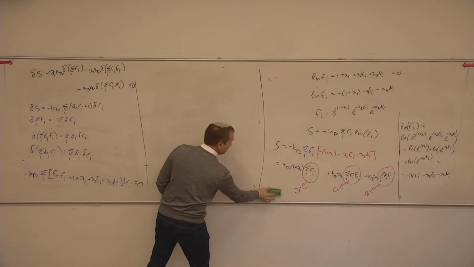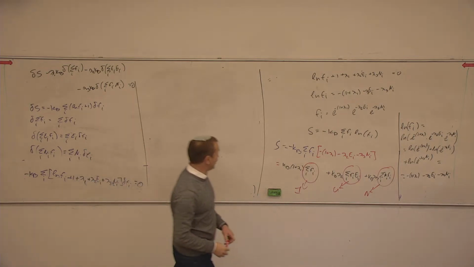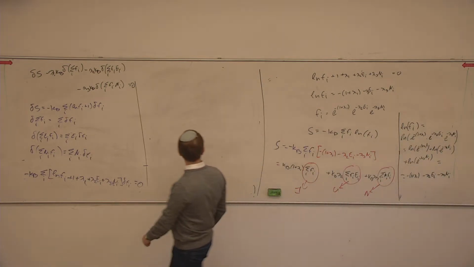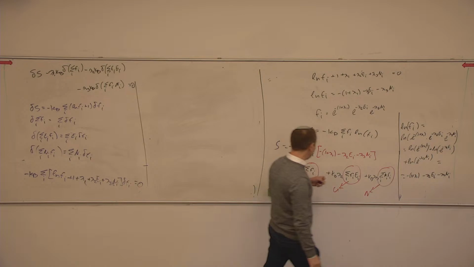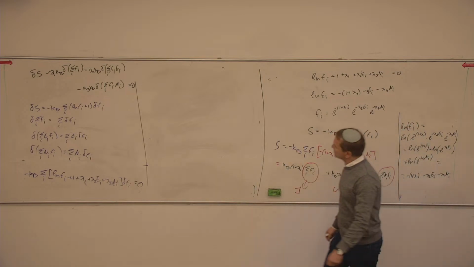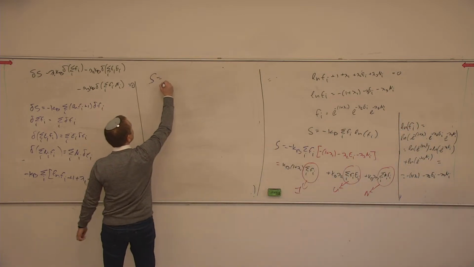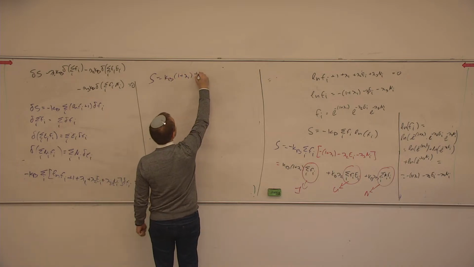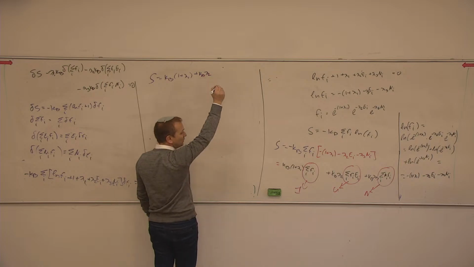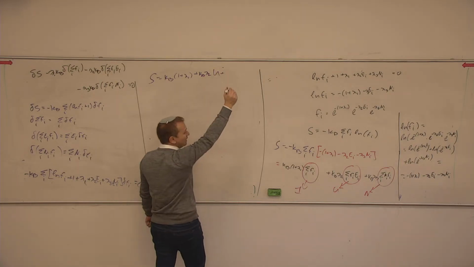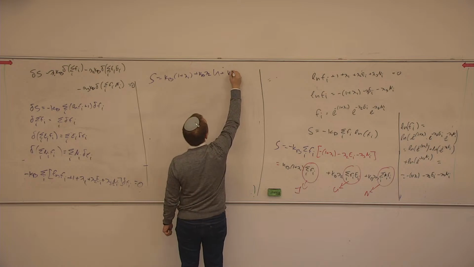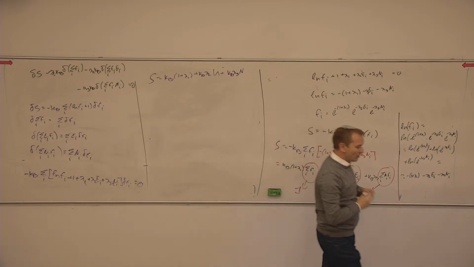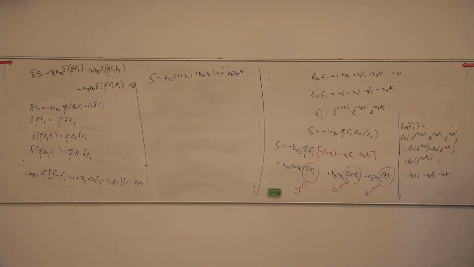Here we have our equation for the entropy using the constraints and the different Lagrange multipliers. S equals K Boltzmann 1 plus lambda 1 plus K Boltzmann lambda 2 U plus K Boltzmann lambda 3 N. Alright, now we continue our tricks.